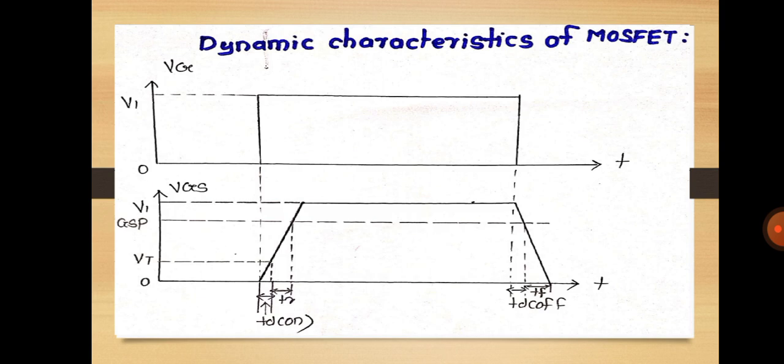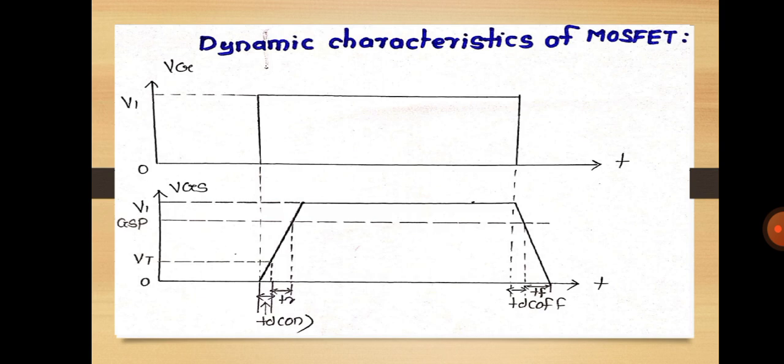While focusing on turning on and turning off, there are four particular time parameters considered for understanding the switching methods. As we see in the diagram, there is TD on, that is the time delay on, TR, that is the rise time, TD off, that is the time delay off, and TF is the fall time. TD on is the time required to charge the input capacitance to the threshold voltage level.